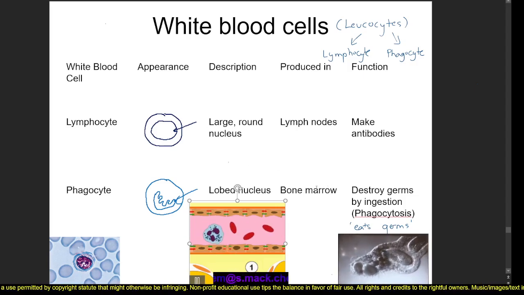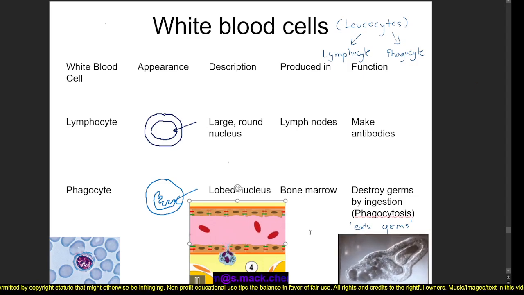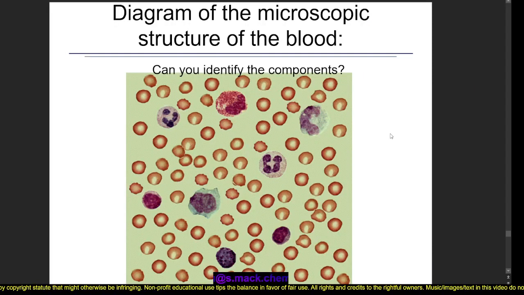I'm going to end off my video by showing you a slide where, can you identify any of the components? Can you see a white blood cell? That is, can you see a lymphocyte with a round nucleus? Yes.